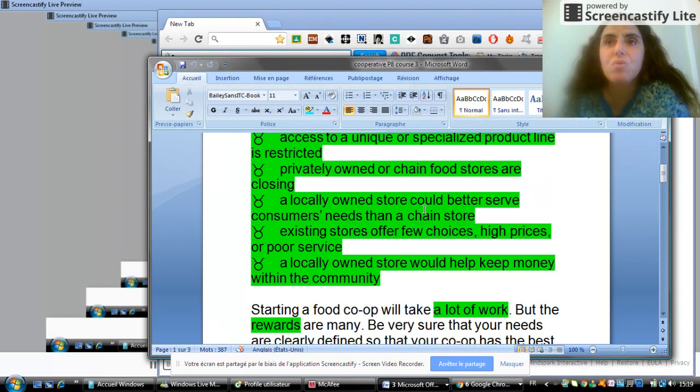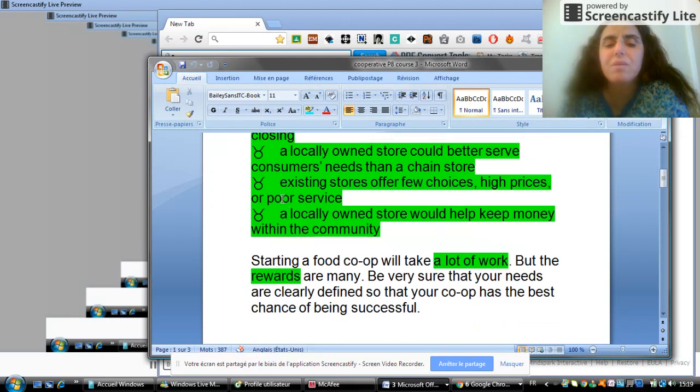Because if the store, that is the supermarket, is far away, they might need to travel, to commute, in order to be able to buy the things that they might need. And another reason that deserves being researched, as it is linked to responding to the needs of community members, is the following. We read it together. Existing stores offer fewer choices, high prices, or poor service.